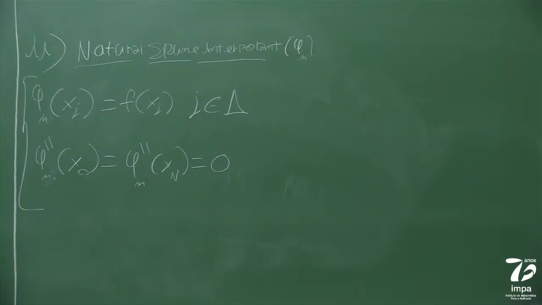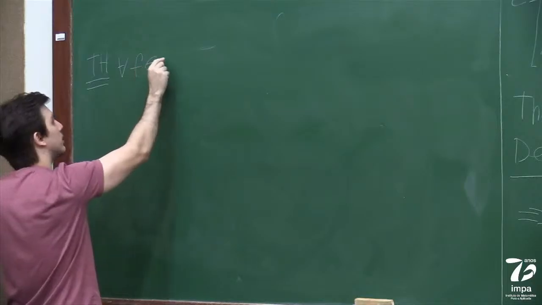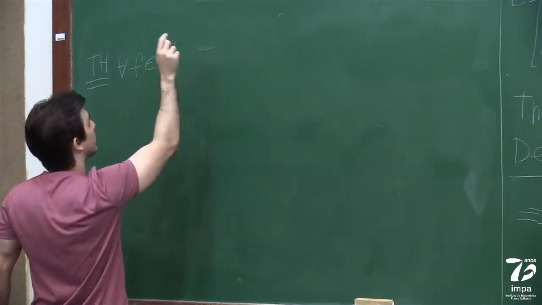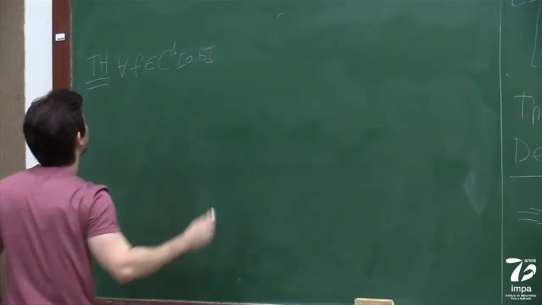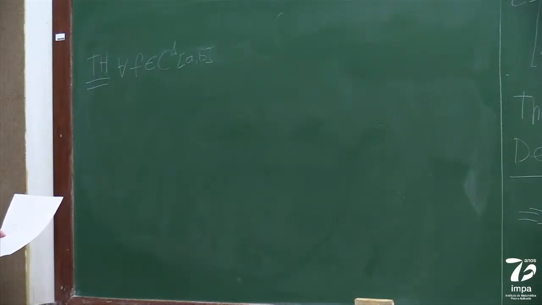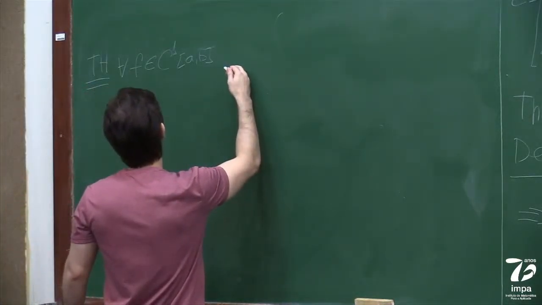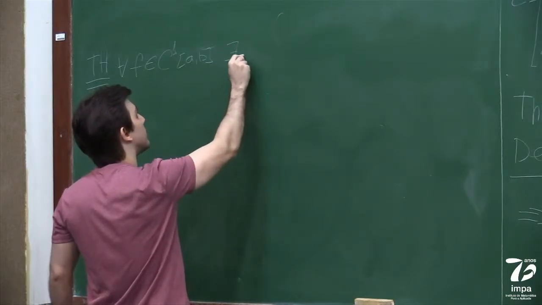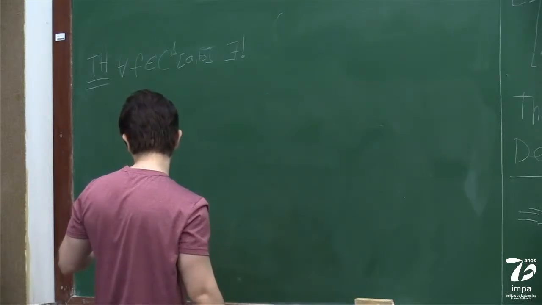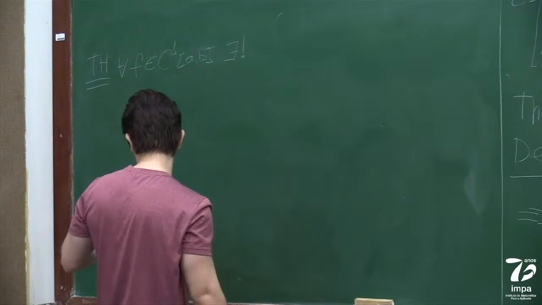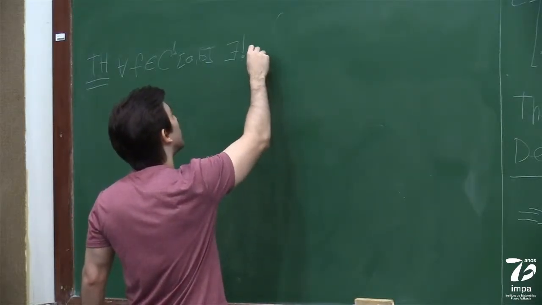Okay, theorem: for every f in C1 of the interval [a, b], we have a unique, let's say there exists a unique clamped boundary interpolant and a unique natural spline interpolant.